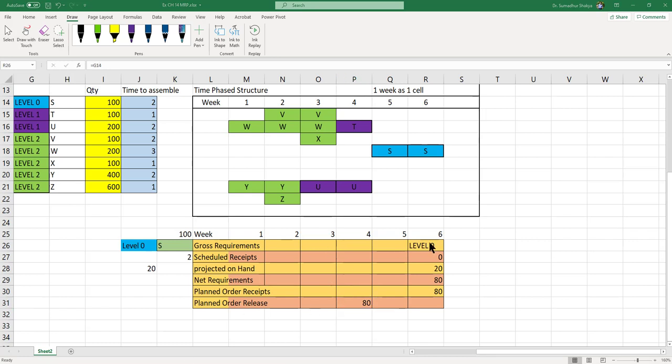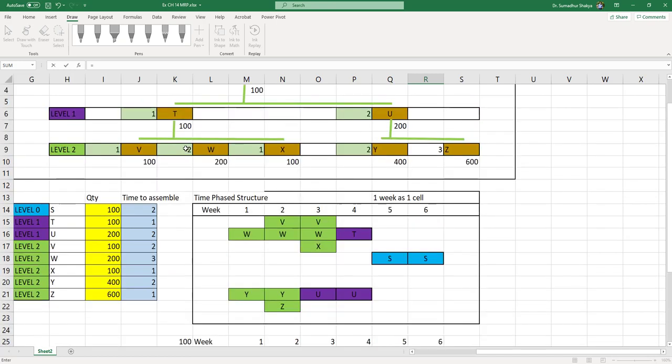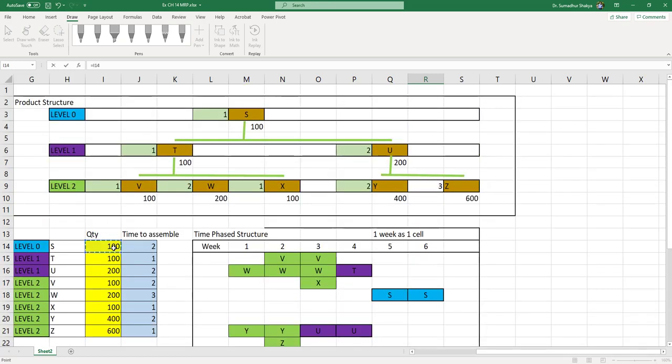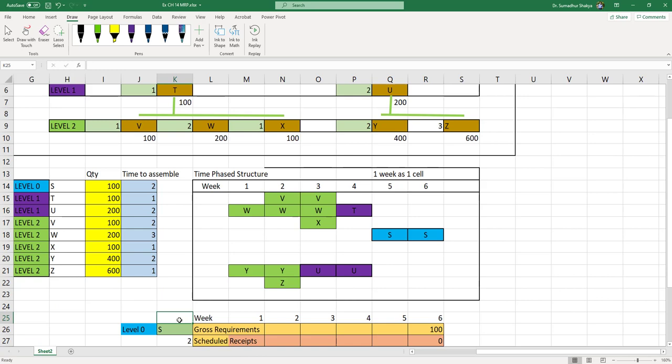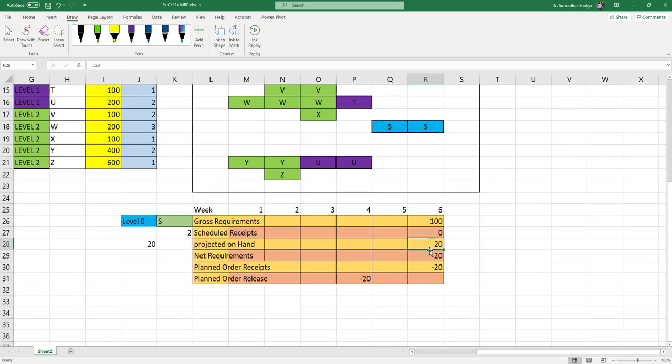But before I do that, let me automate some of this stuff, so then we can copy and paste it more often. So gross requirement here, let me make this equal to this number, so then I don't need this. Instead, net requirements would therefore be 100 minus projected on hand minus any scheduled receipts, and then planned order receipts are going to be the net requirements planning, unless there is any more information given.